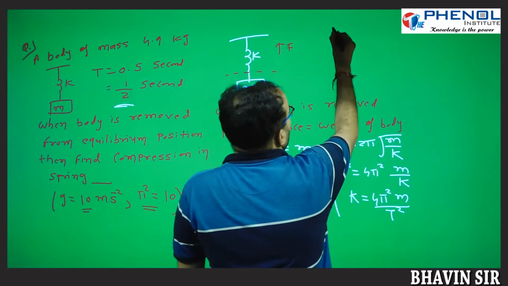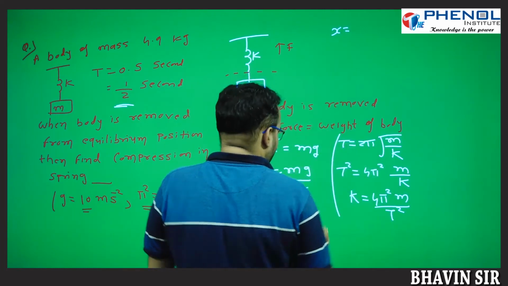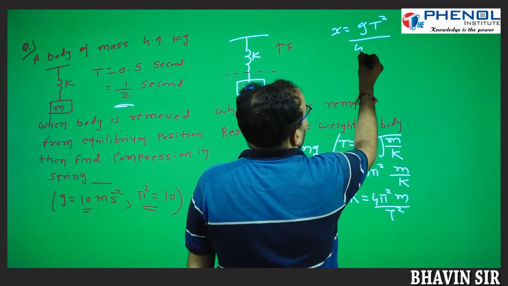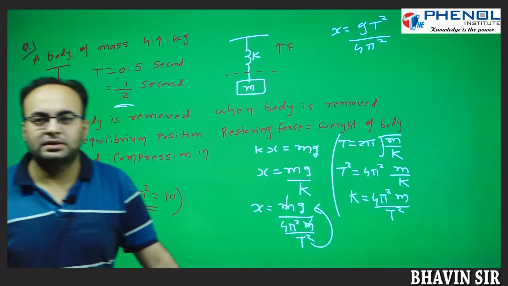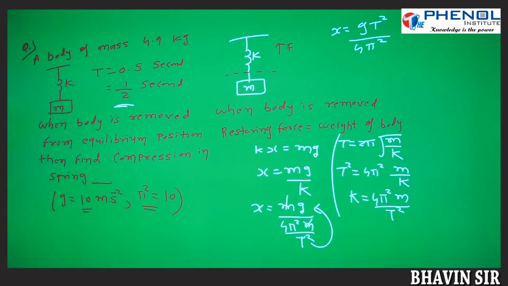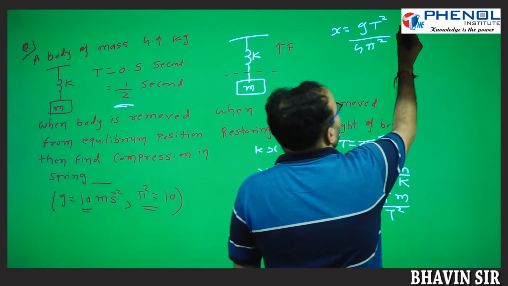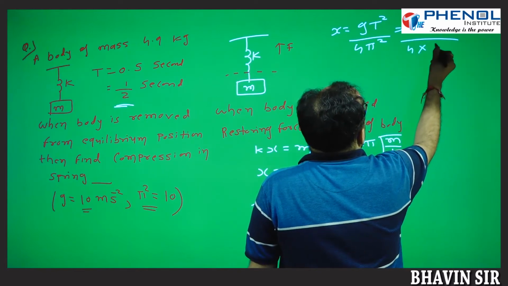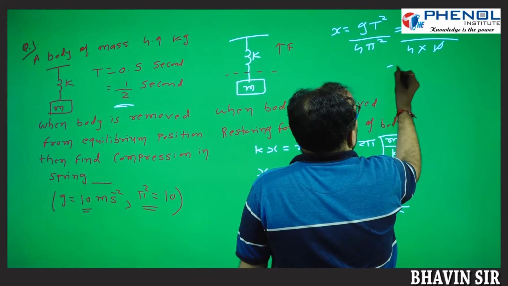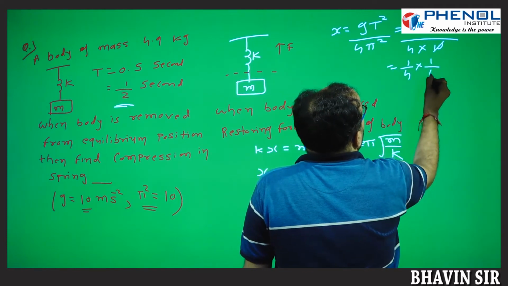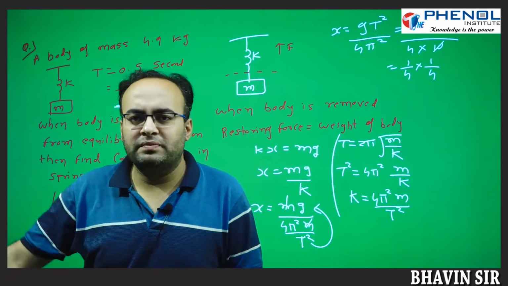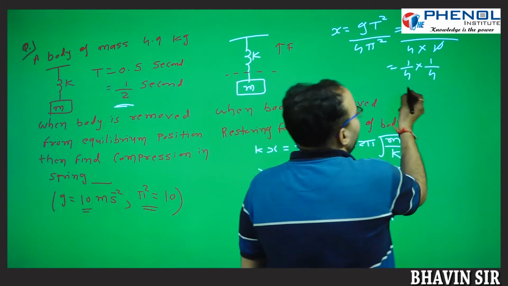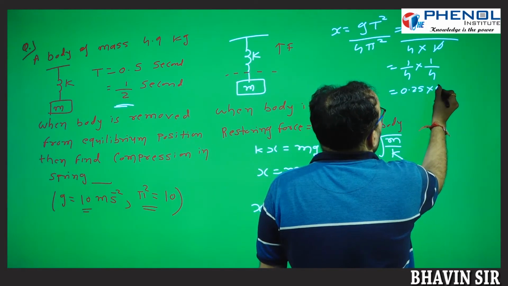Cancel m. So what is x? T square is in multiplication. So x is g T square upon 4 pi square. What is g? 10. What is the time period? 1 by 2, that is 1 by 4... What is pi square? 10. So 1 by 4 into 1 by 4. 1 by 4 means 0.25, and again 0.25 into 0.25.